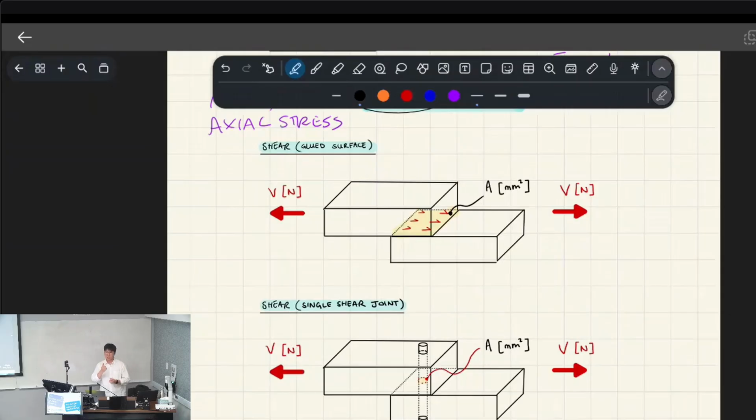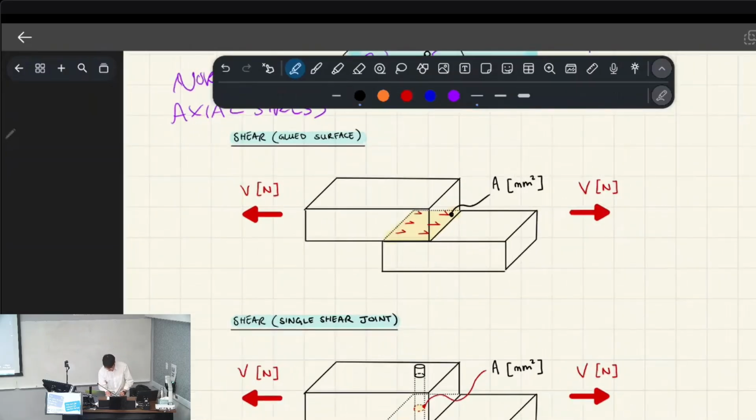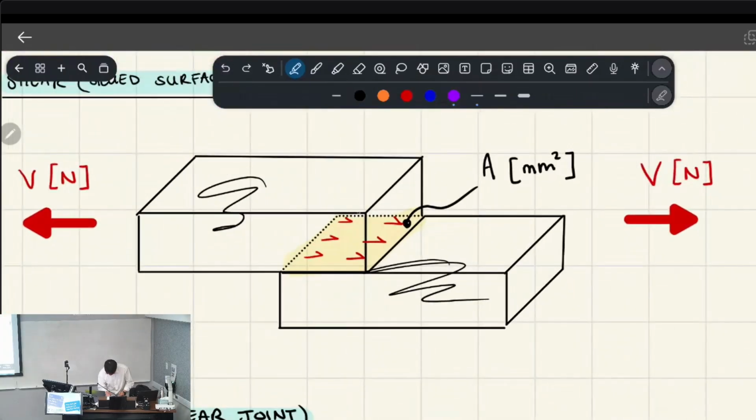So even though I'm applying what would be a tensile force on the members, what happens is that the glue interface, the interface between the two bits of wood, is actually experiencing shear, because these want to slide off each other now. So on that glue interface, it's actually experiencing shear force. Does that make sense? Okay.